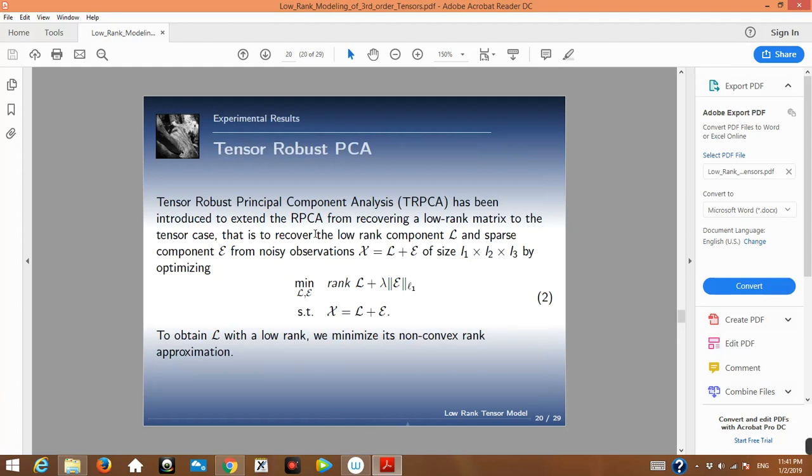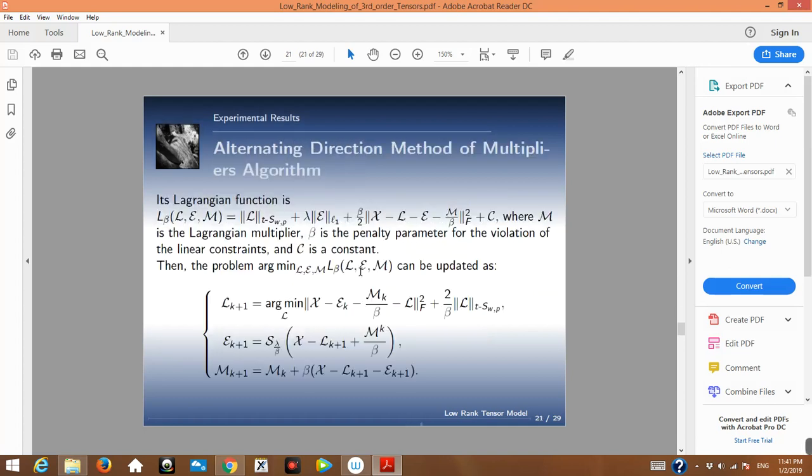For example, for the tensor RPCA problem, instead of recovering a low-rank matrix, we need to recover a low-rank tensor, and we can use some non-convex function to approximate the rank of the low-rank part of the tensor. And this is our Lagrange function, and we can use the ADMM algorithm to solve this optimization problem.